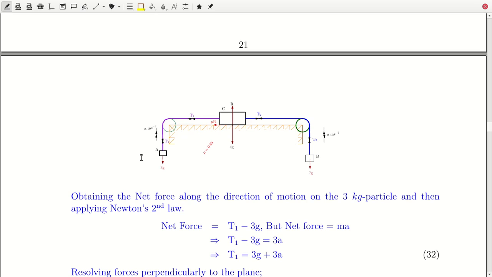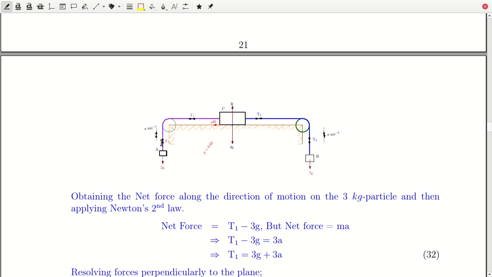So here we shall be forced to make 3 equations of motion, one for each of the particles, and then we solve them simultaneously using any method.